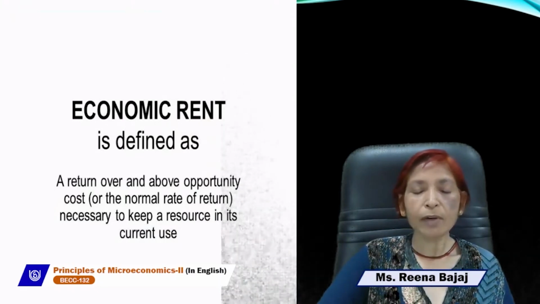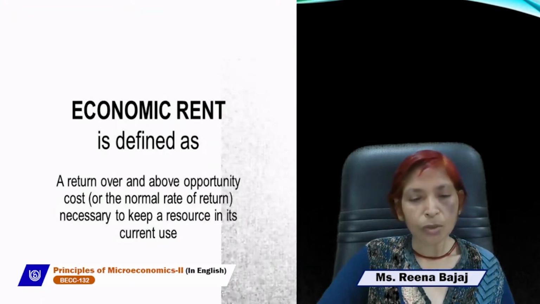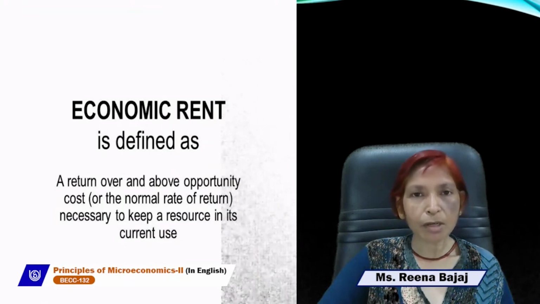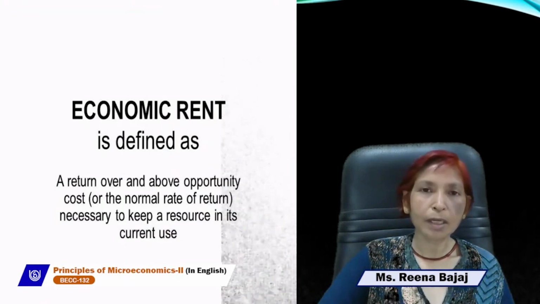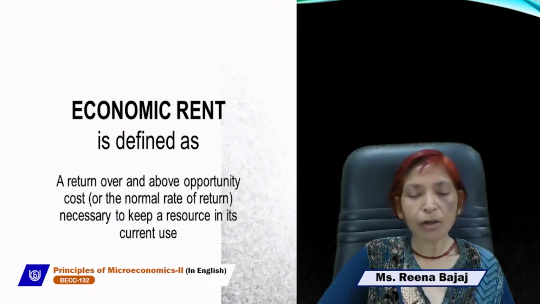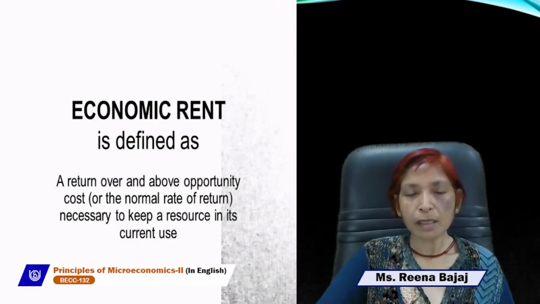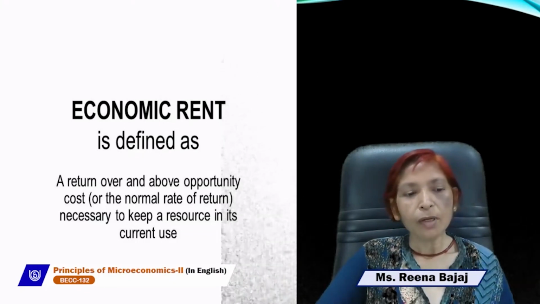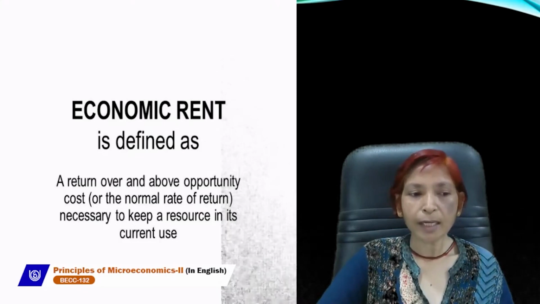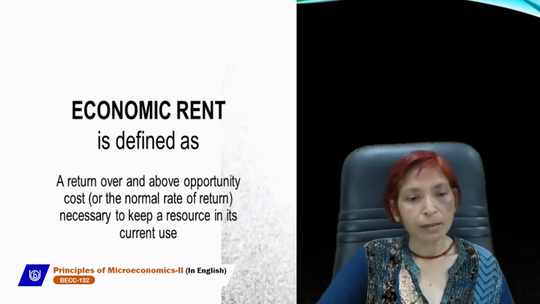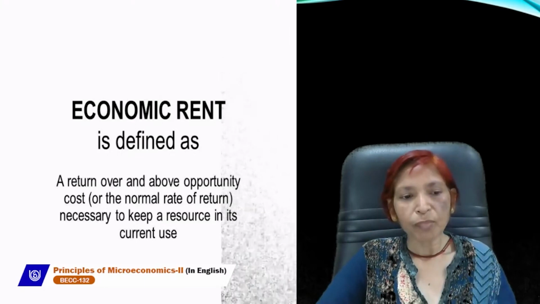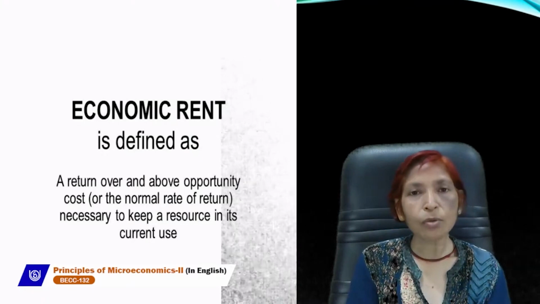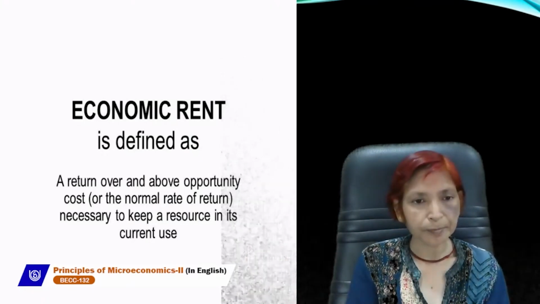If peanuts give maximum profit, then we must sacrifice the production of wheat, rice, and sugarcane. So the opportunity cost of producing peanuts is wheat, rice, and sugar. Economic rent is a return over and above opportunity cost, necessary to keep a resource in its current use.